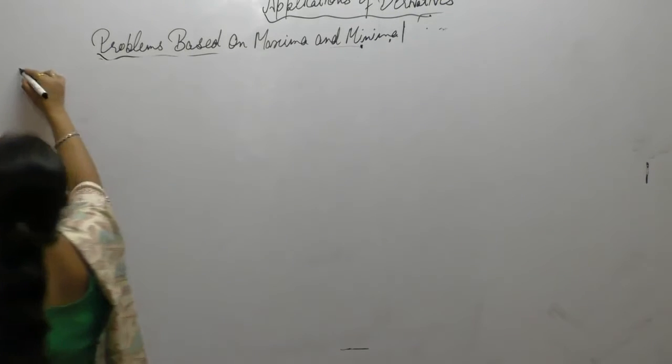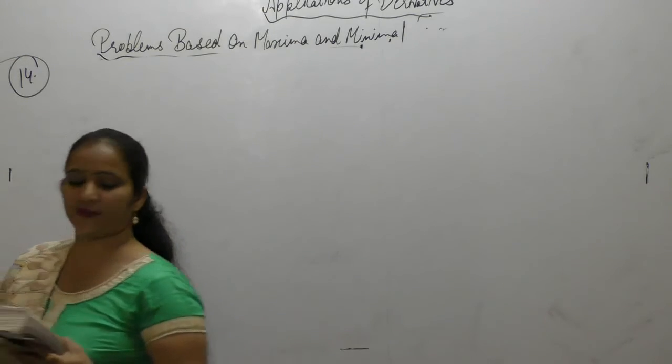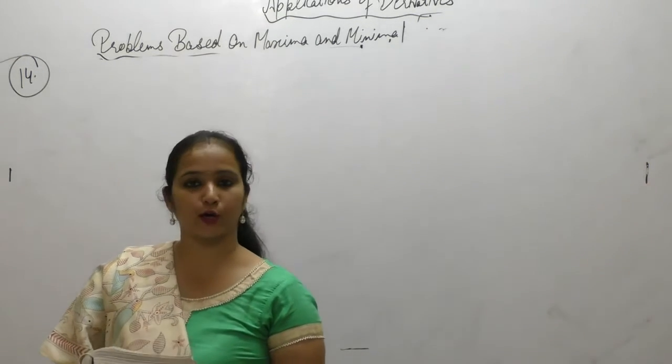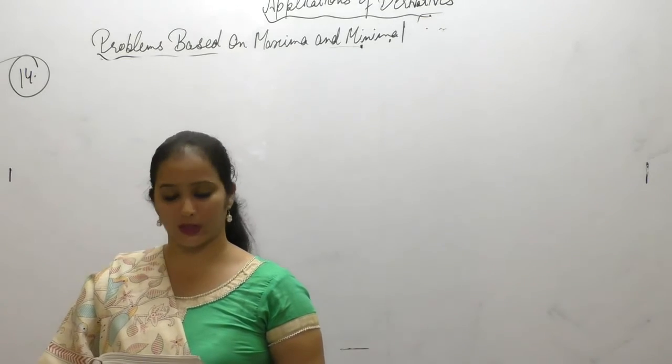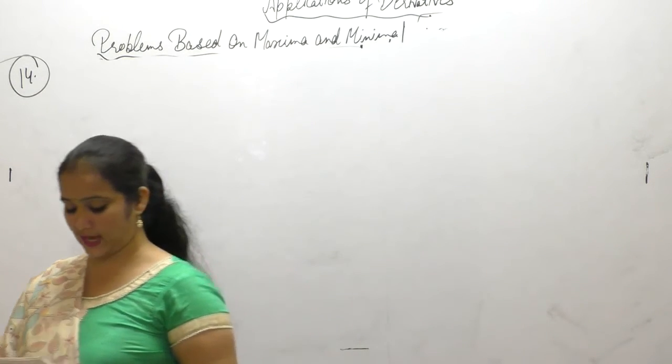Next one is: show that the surface area of a closed cuboid with a square base and given volume is minimum when it is a cube.